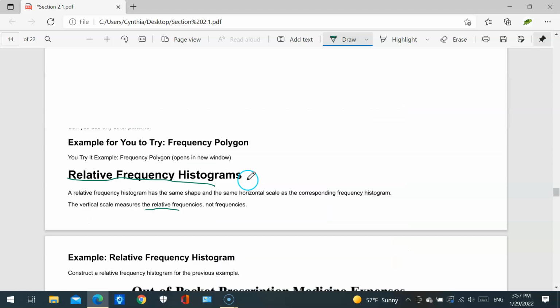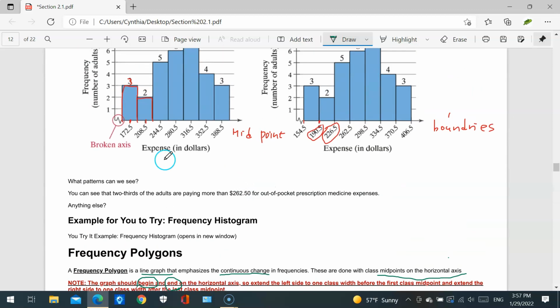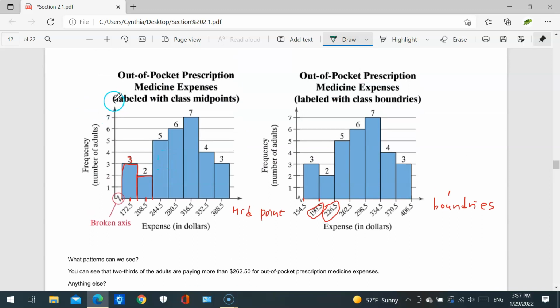When we use the frequency to display the graph, your vertical axis represents the frequency. So your vertical axis has counting numbers, the size of your data, right? It goes from 1, 2, 3, 4, 5, 6, up to the largest size of your data. This is the frequency.